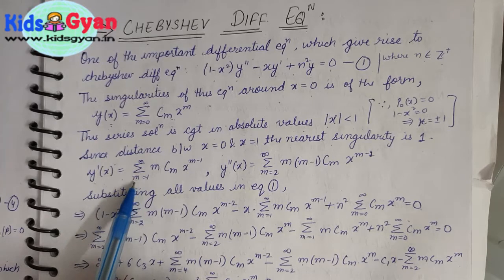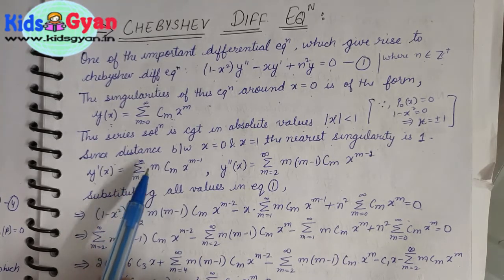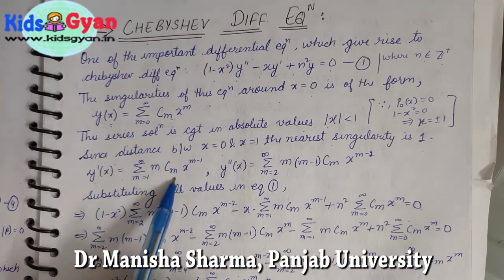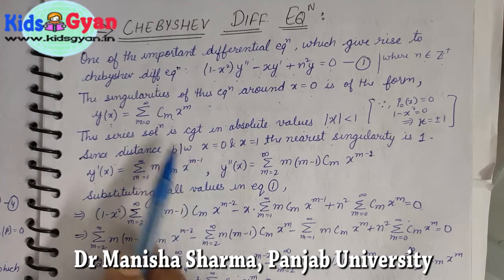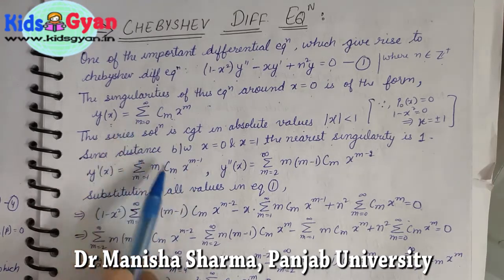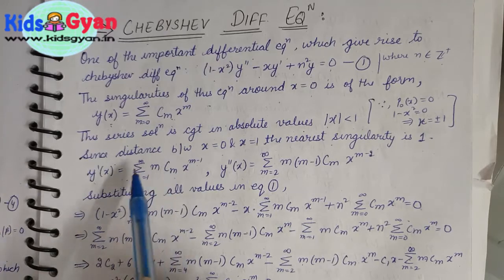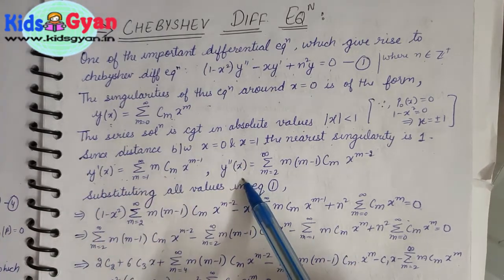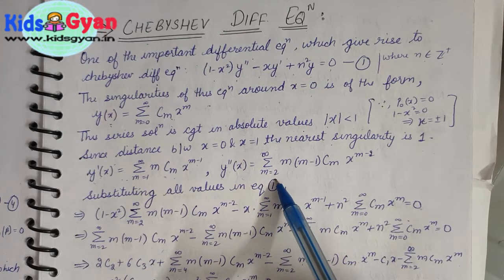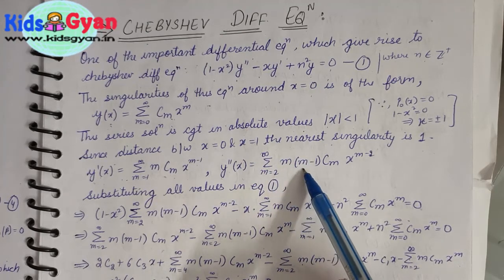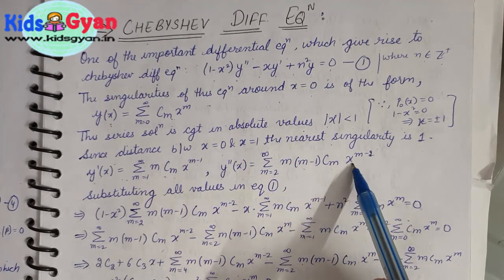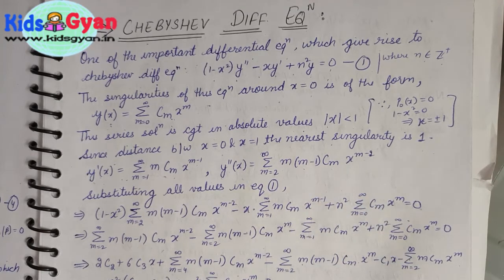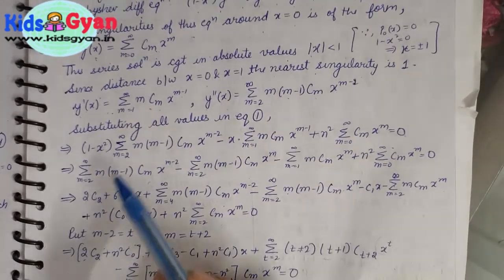So what is y'(x)? y'(x) is summation m = 1 to infinity m c_m x^(m−1), the first differentiation of y(x), and the second differentiation y''(x) is summation m = 2 to infinity m(m−1) c_m x^(m−2).